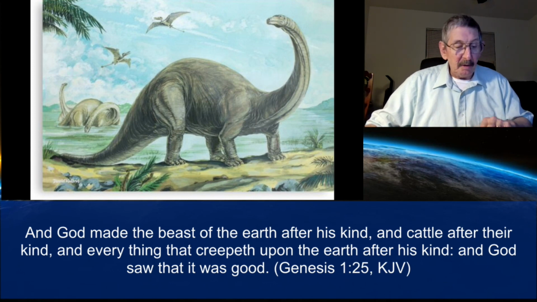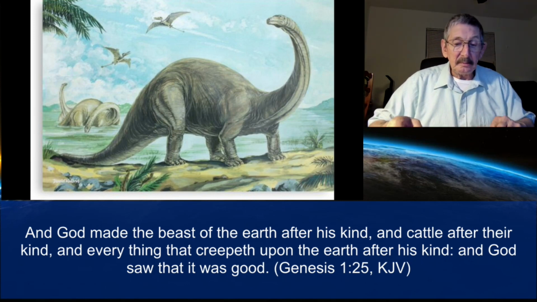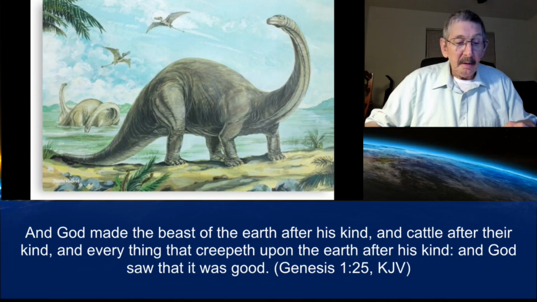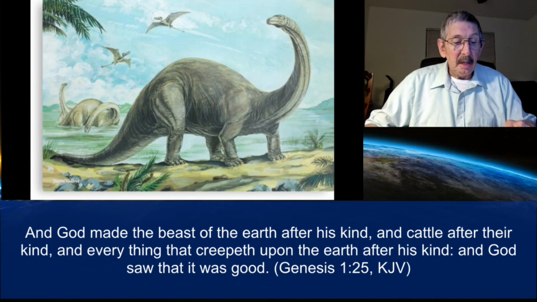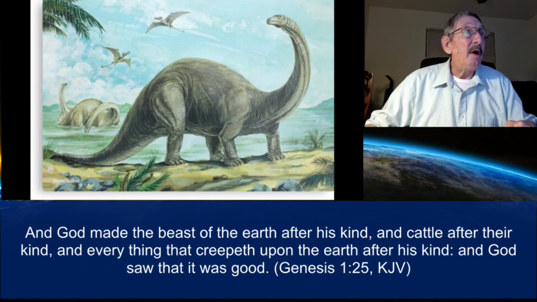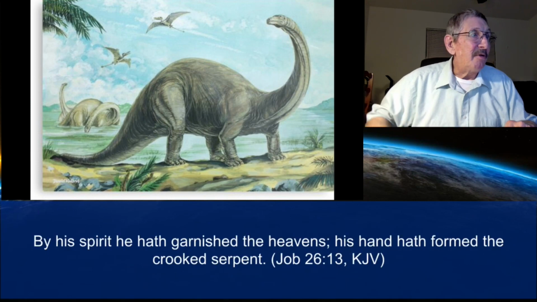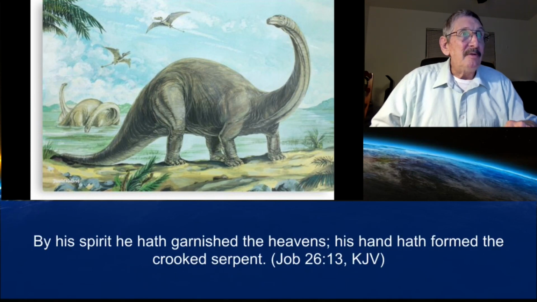Just one final little note to throw in there. It talks here about creepeth upon the earth after his kind. And I couldn't help but think about over in Job. There's one more verse to throw in here that kind of talks about that. God really gave Job quite the lesson on what some of these animals really looked like.